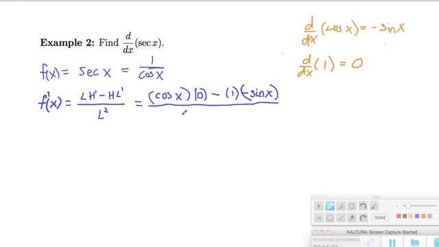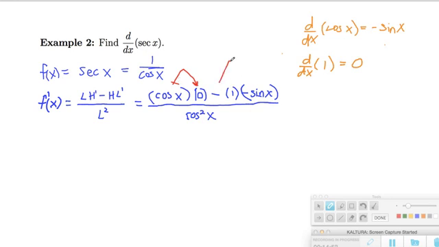Now remember, cosine squared, all squared, is the same thing as writing cosine squared of x, just like that. Now the first two things multiplied together, 0 times anything is just 0, right?